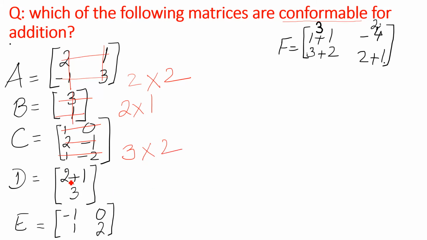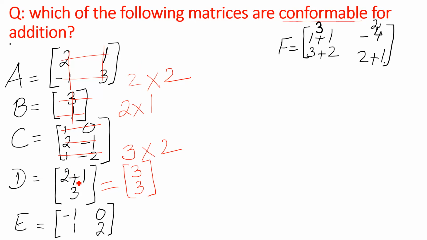And for D, see, this is 2 plus 3, so we have to arrange D like this. That will be 3, 2 plus 1, 3 and 3. And one more thing: in matrices, we have to write these elements a little bit far from each other. We cannot write 2 and 1 together here.